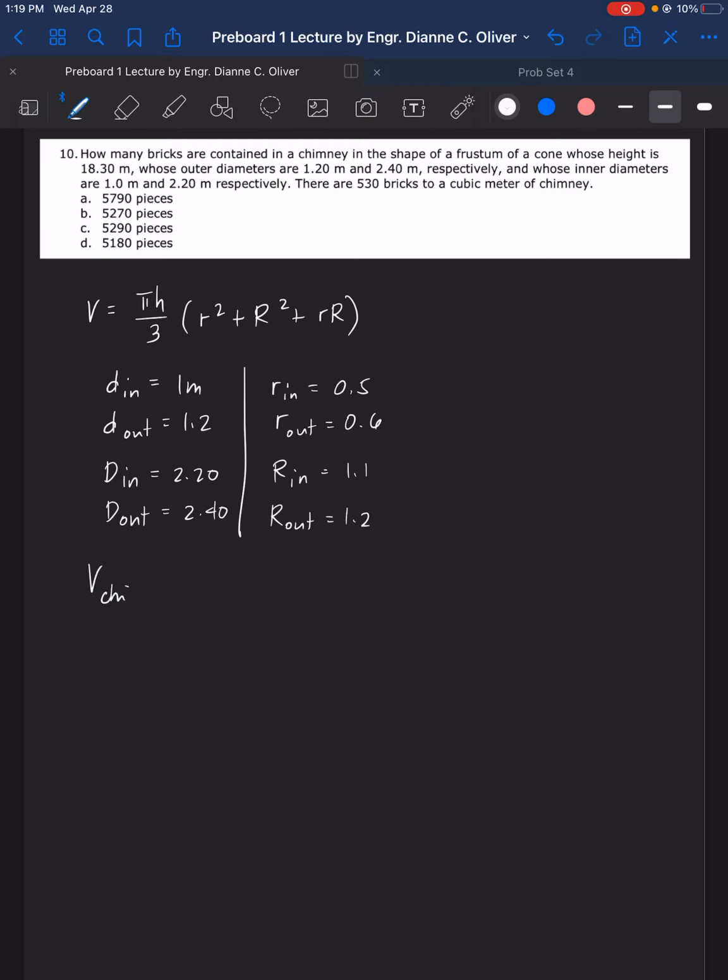Volume of the chimney is equal to volume out minus volume in.